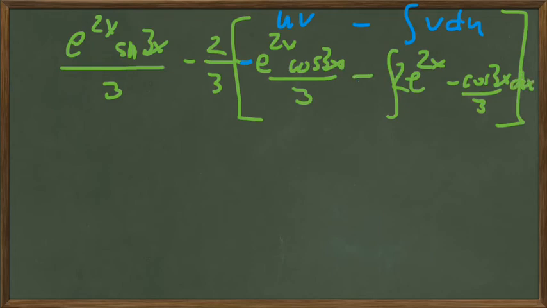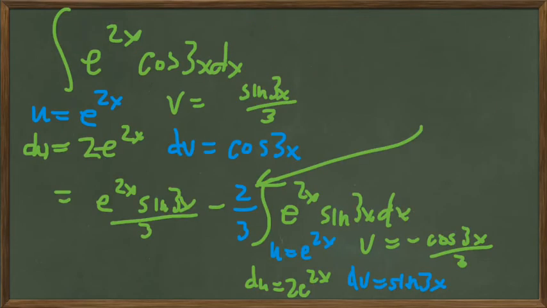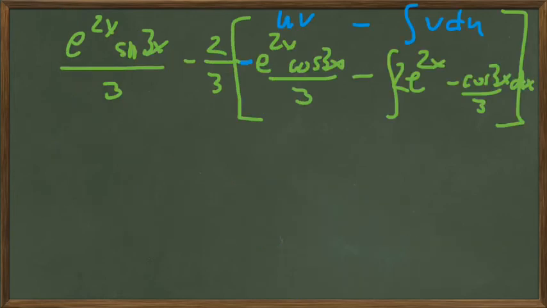So let's set this equal to our original function, which was here, e to the 2x cosine 3x. So we start off with the integral of e to the 2x cosine 3x dx.